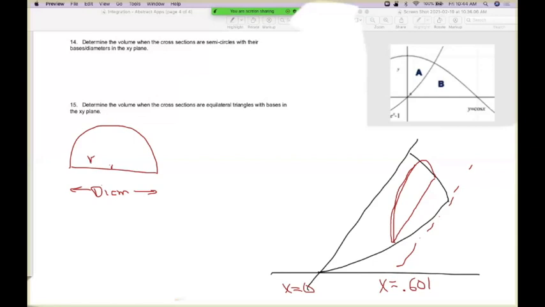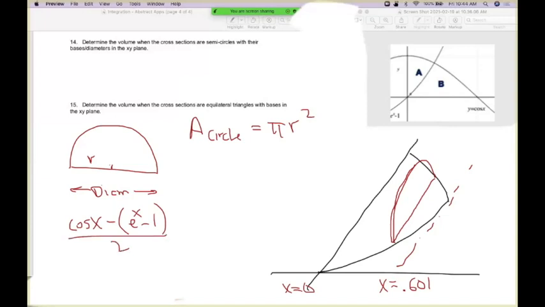The area of our circle is pi r squared, and our radius is going to be the difference between those two functions, cosine of x minus the quantity e to the x minus 1. That's our diameter. We've got to divide it by 2, and that's going to be our radius. So that's our radius squared.